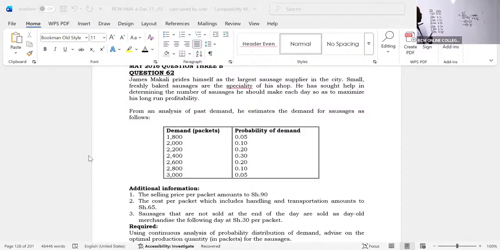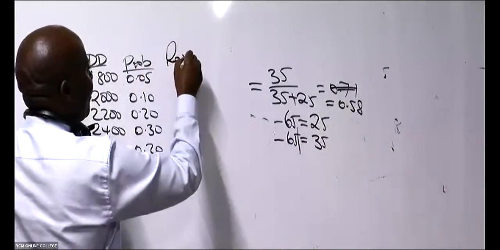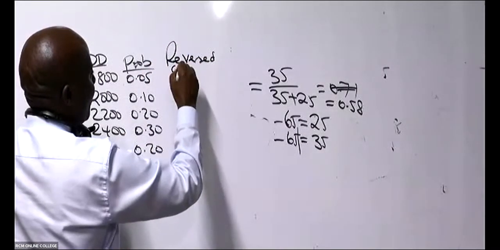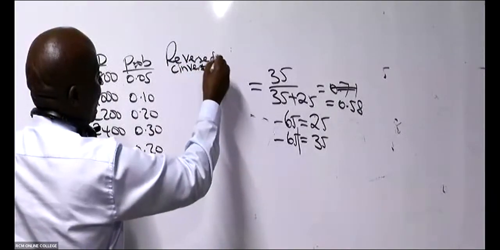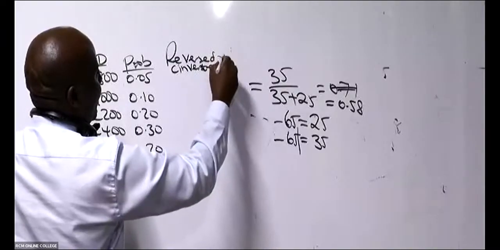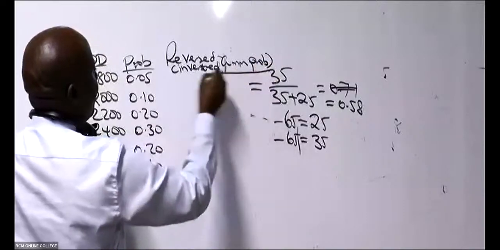So please don't write your normal cumulative probabilities. They have to be inverted or reversed. We call them reversed, or inverted, cumulative probabilities.